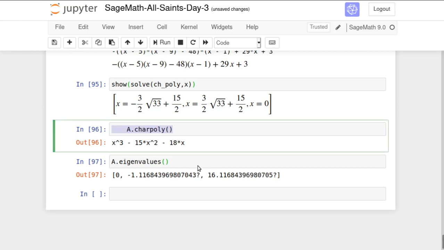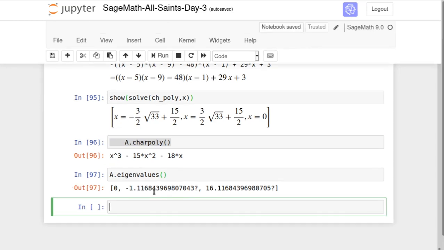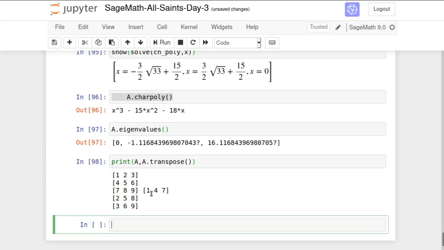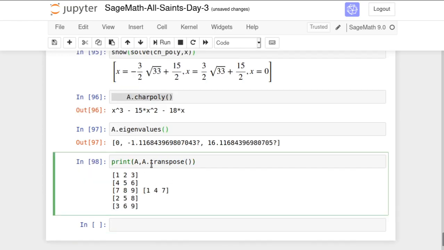Now, to find the transpose of a matrix, we can guess that the command is going to be a dot transpose. Okay, we'll print A and A transpose simultaneously. Print A, transpose, both. Maybe one new line is also required. The new line character is \n.